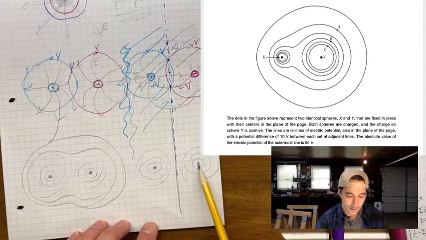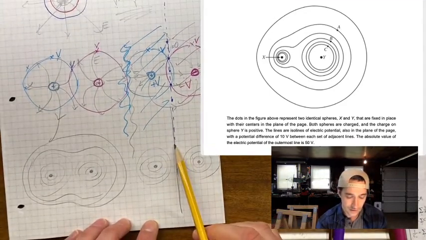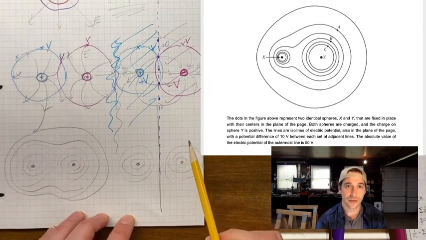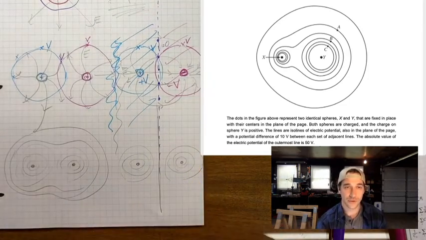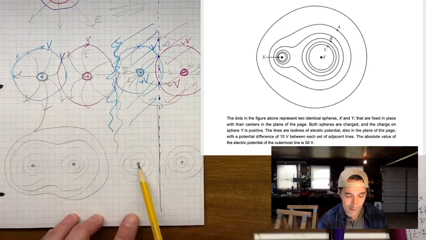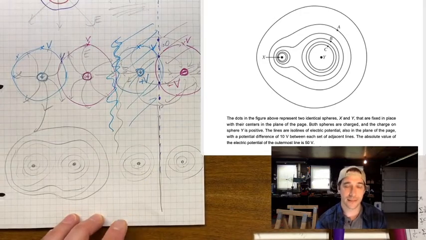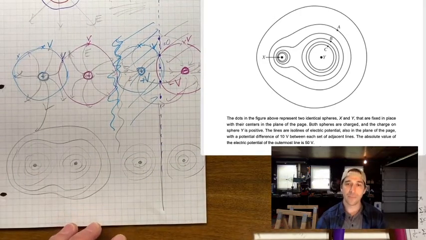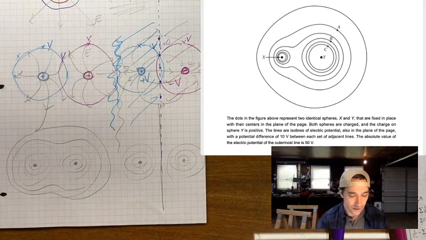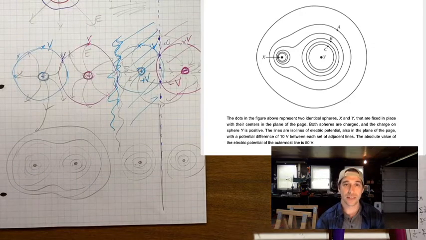And that line is going to be your 0 electric potential, okay? This means you could have a positive and a negative, or a negative and a positive, but they have opposite signs.